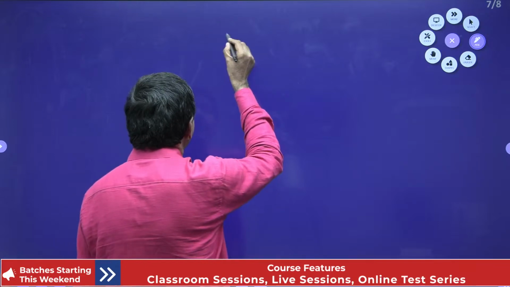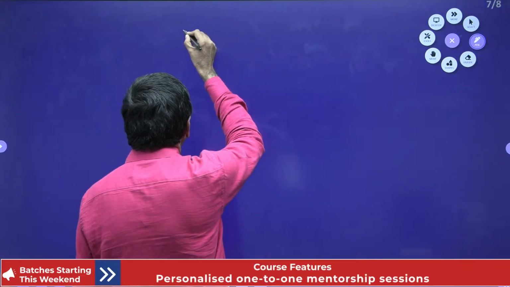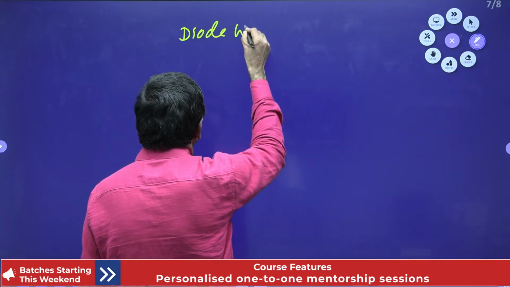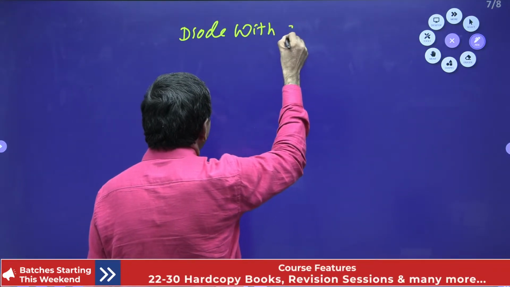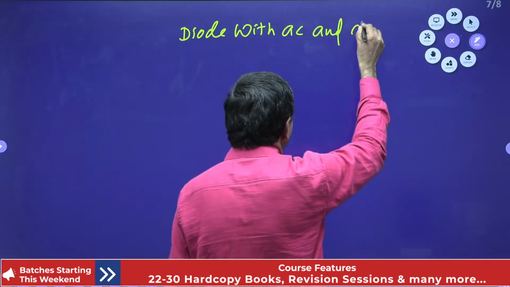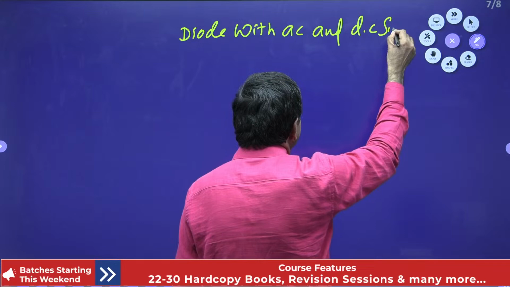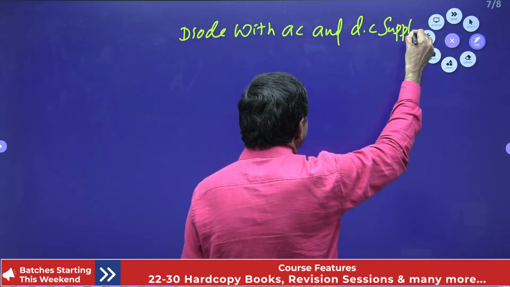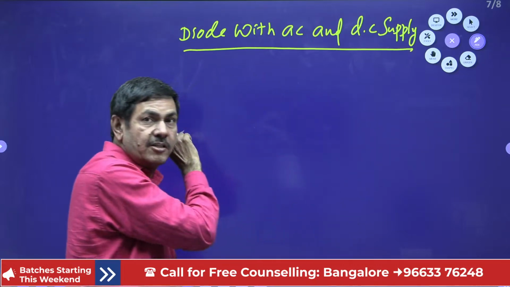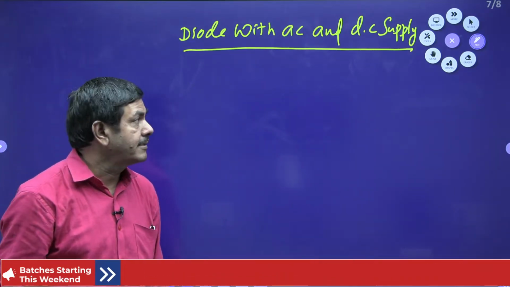Suppose a diode is given with an AC and DC supply. In that case, how can you do it? This is sometimes asked in competitive exams, engineering services or GATE.